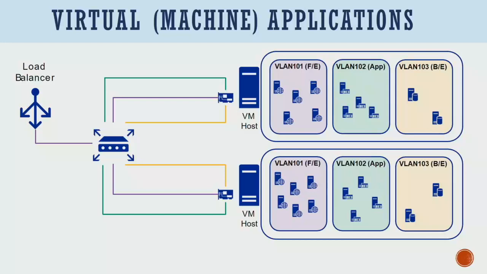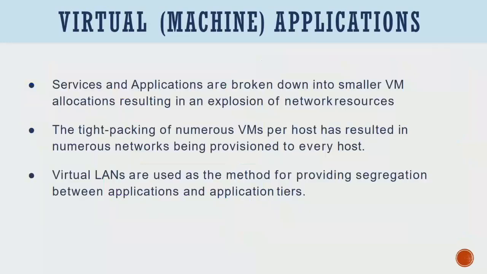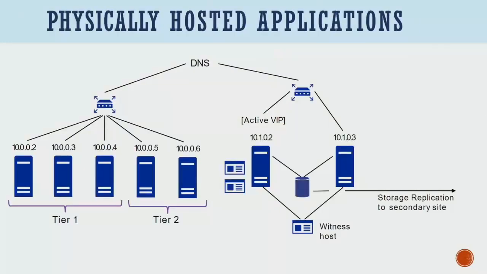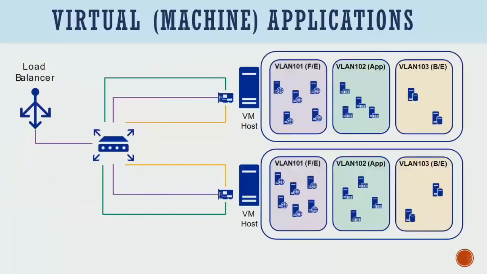So as you see, compared to fully physical infrastructure where you have one-to-one mapping, networking in a virtual setup is more complicated, because one physical host can have multiple virtual machines. So you have one physical IP address and multiple virtual IP addresses.